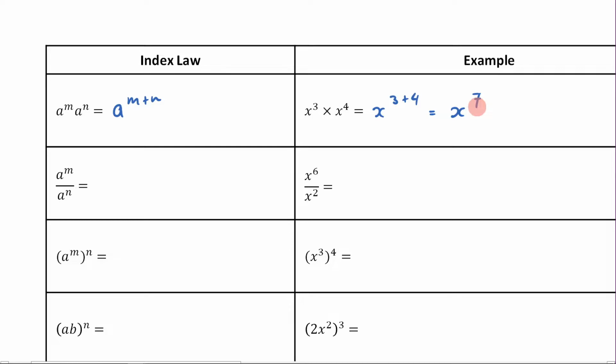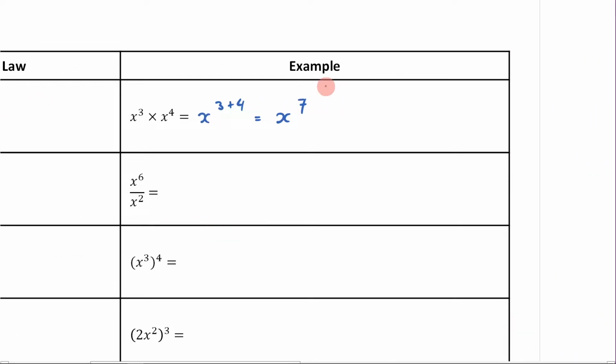That's our answer. Now, if you're trying to think how on earth this works, let's think about it for a second. You've got x cubed, and I'm going to times that by x to the 4.